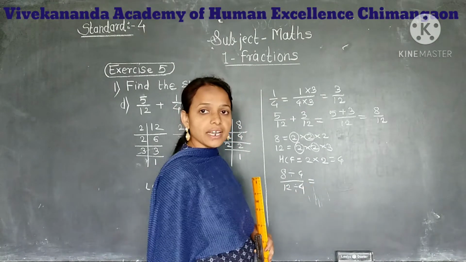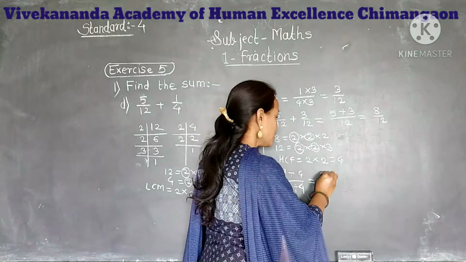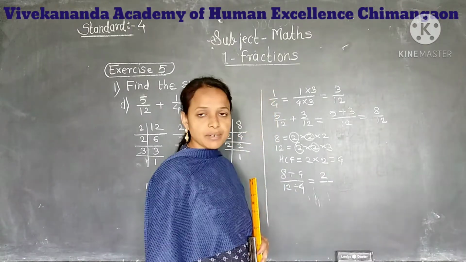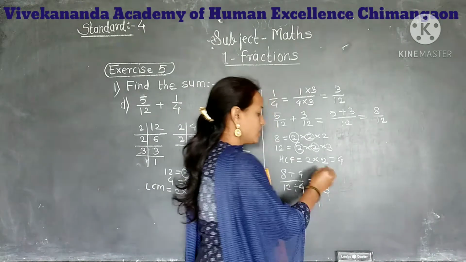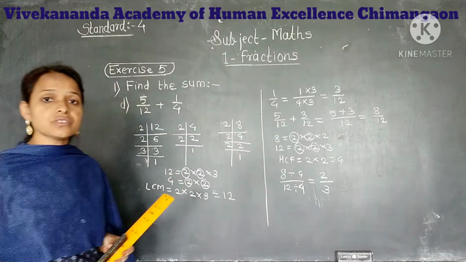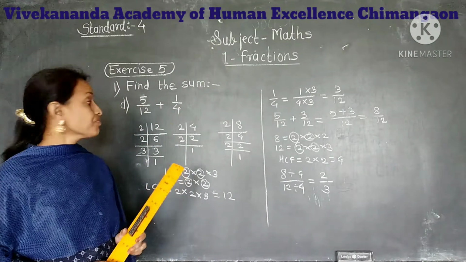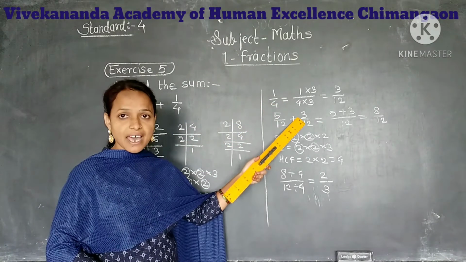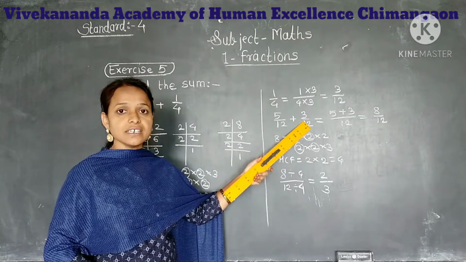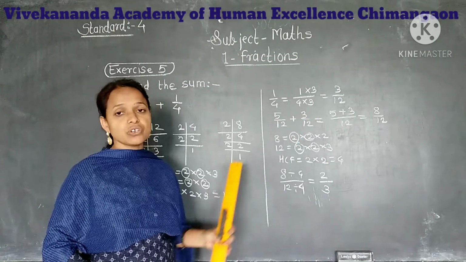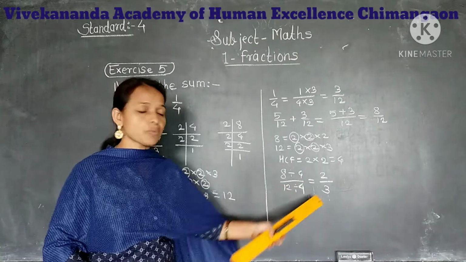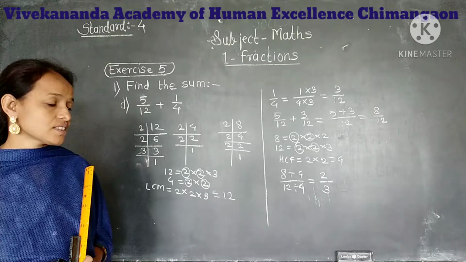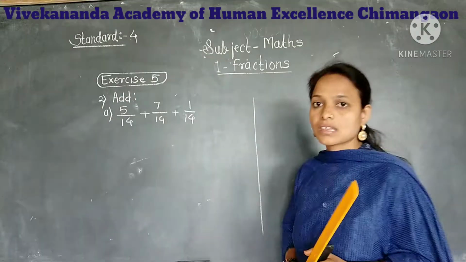Here 8 divided by 4, 4 2s are 8, and 12 divided by 4, 4 3s are 12. So here we reduce into its lowest term. First we convert unlike fractions into like fractions, then we add, and lastly we reduce 8 upon 12 to its lowest term as 2 upon 3. So here we get answer 2 upon 3.